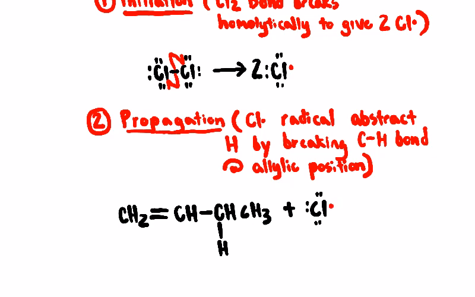And what we're going to see is that we're going to bring together the chlorine radical electron with one of the two electrons from the carbon-hydrogen bond, like so. The two single-headed arrowheads indicate that we're moving one electron from each of those atoms as a radical, and the fact that they're meeting up in the middle indicates that we're forming a bond between those two atoms. So in this case, we're forming a bond between H and Cl.